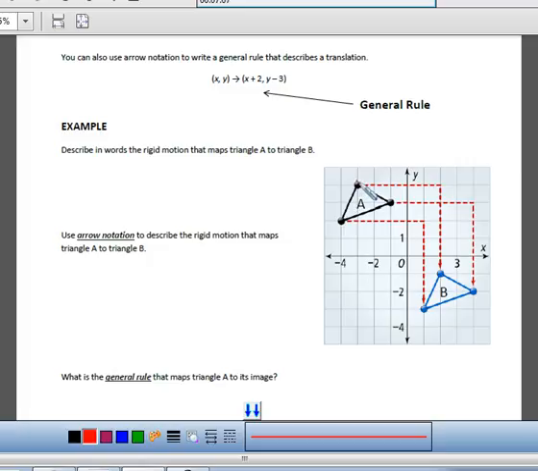To go from this point here to this point, it's going 1, 2, 3, 4, 5 units to the right, and it's going 1, 2, 3, 4, 5 units down.